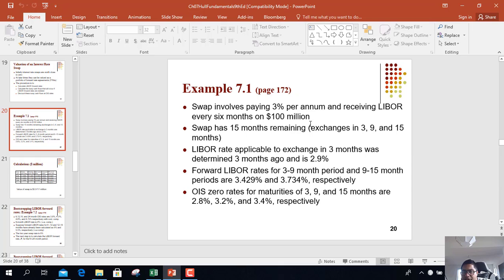The floating rate is calculated using LIBOR. We know 2.9 is the first LIBOR, so 2.9 divided by 2 times 100 million. Next LIBOR is 3.429, so 3.429 divided by 2 times 100 million, and the last LIBOR is 3.734, so 3.734 divided by 2 multiplied by 100 million.